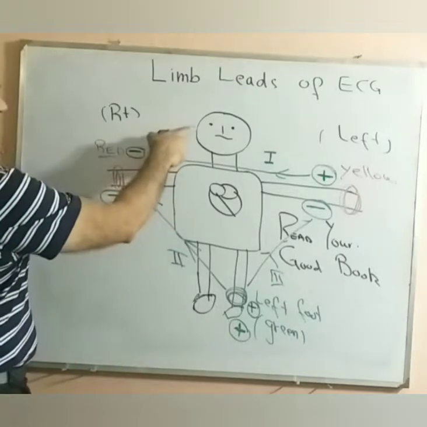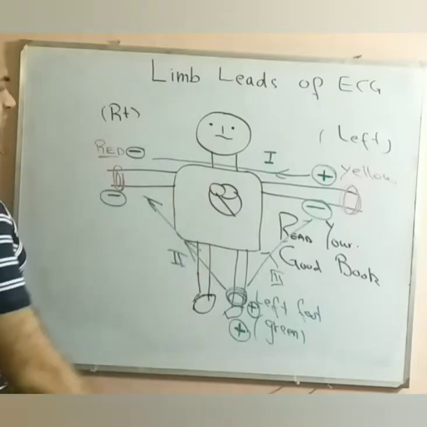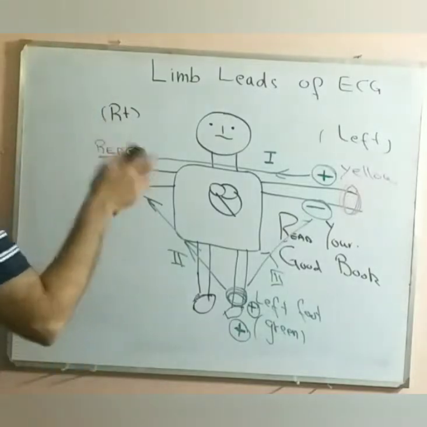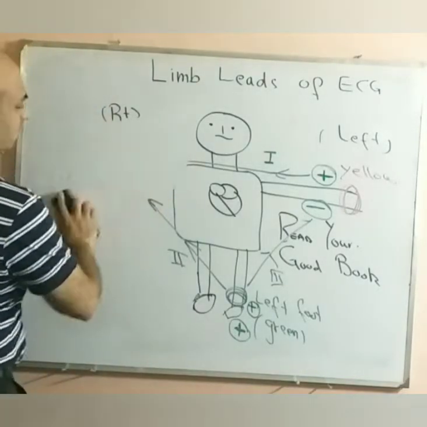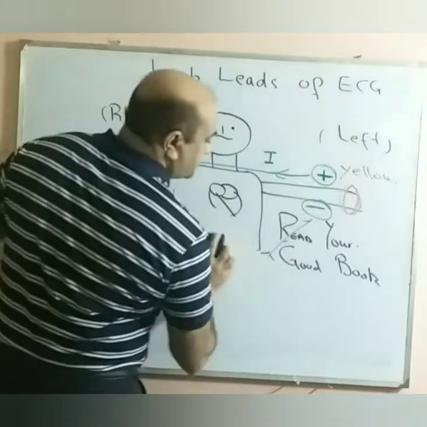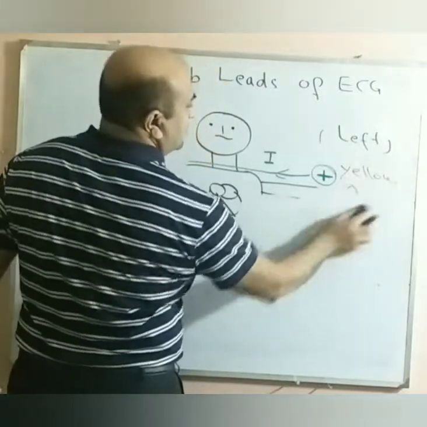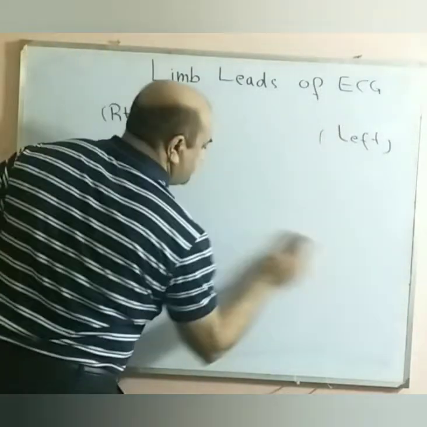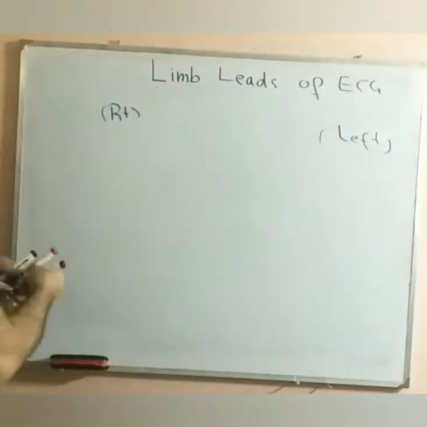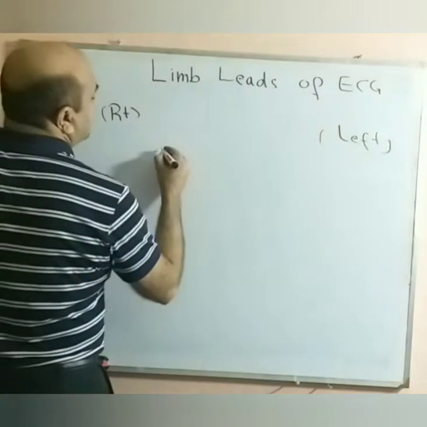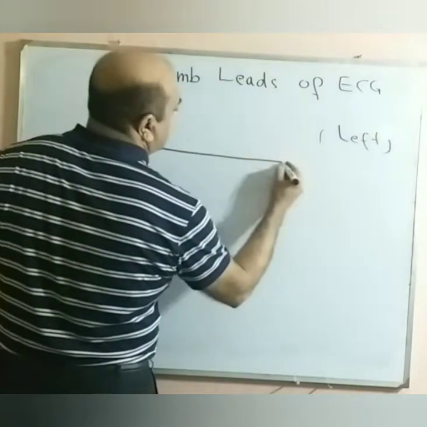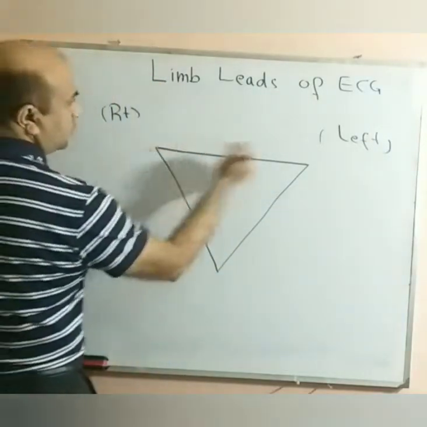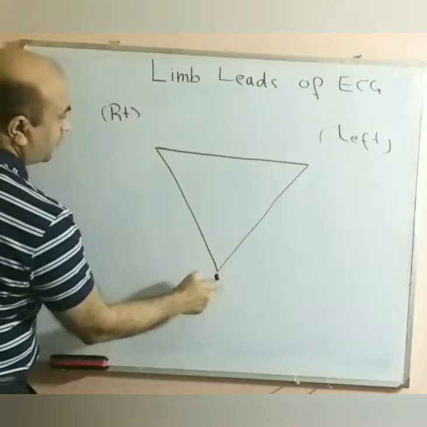Let's take this hero out of the picture and let's try to make a simple triangle having a heart in the center of it. Let's make it this way. Okay, if I make a triangle now, it is something like this. It was left arm, right arm, and left foot.